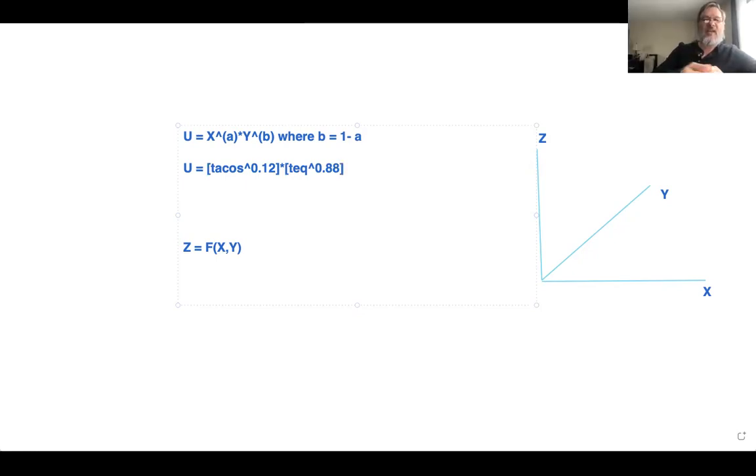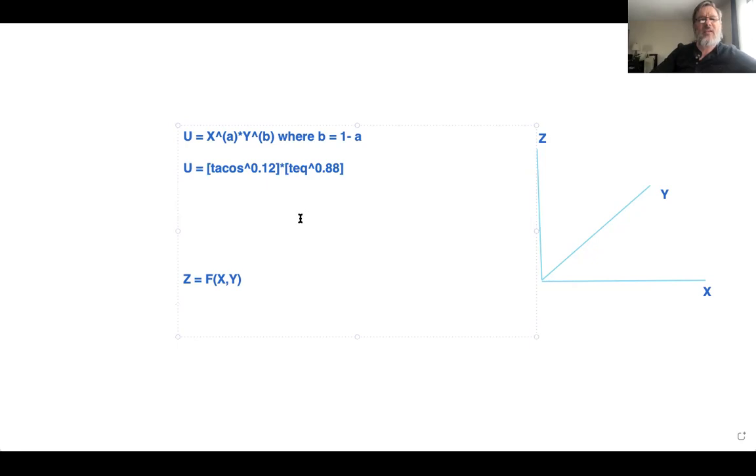So then we just have to put in whatever our quantities are. This is the quantity of tacos consumed and the quantity of tequila consumed. And then we can calculate the utility associated with that point on our 3-dimensional graph.